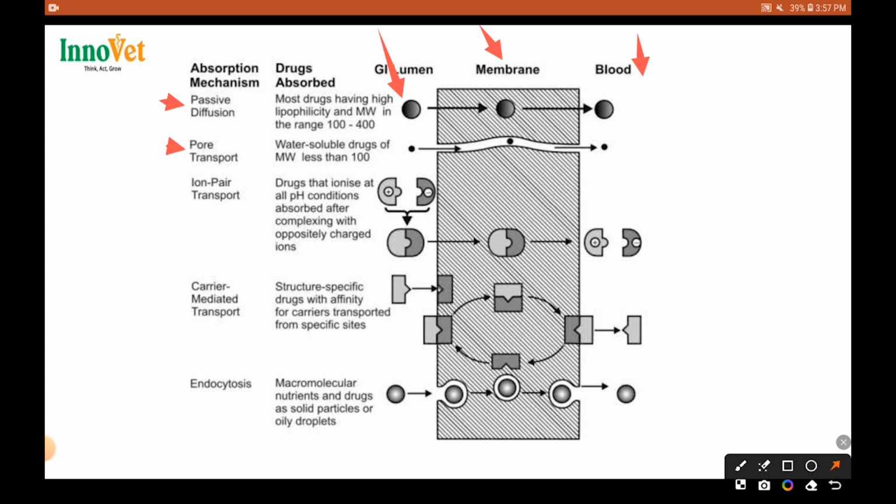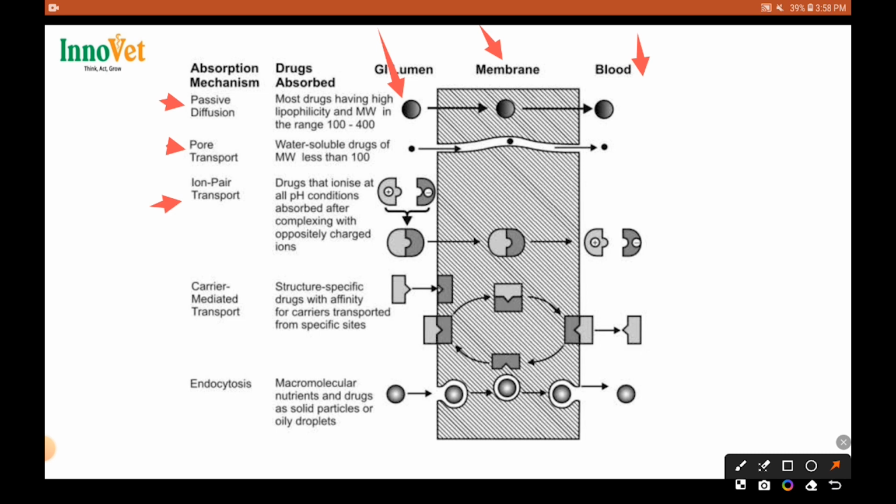Another mechanism is the ion pair transport. Just like the name states, it's an ion pair, and it's used by drugs that ionize at all pH conditions and are absorbed after complexing with oppositely charged ions. A pair consists of two parts or molecules. Under all pH conditions, these drugs tend to become ionized or charged.